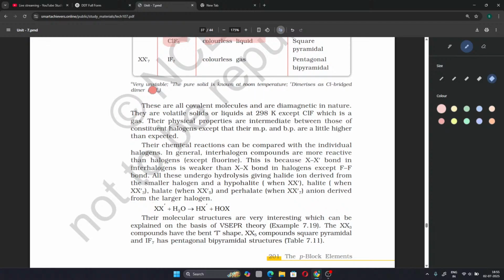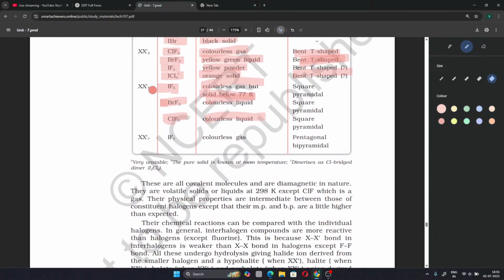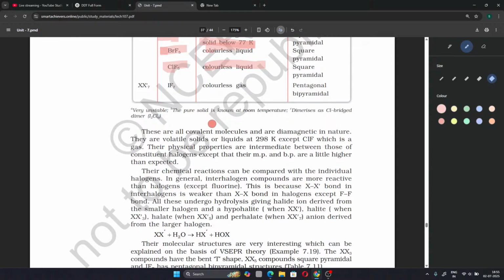They are giving ICl3, which is a solid, only a pure solid, and it actually dimerizes through chlorine bridges. These are all covalent molecules and are diamagnetic in nature. They are all volatile solids or liquids at 298 Kelvin, except chlorine fluoride, which is a gas.